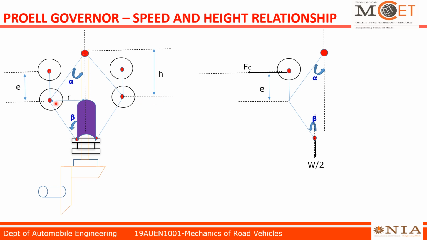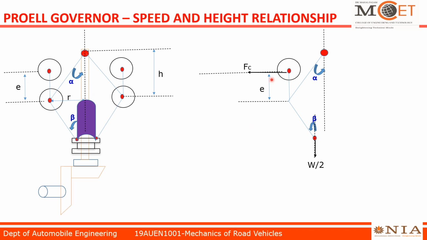Like if this ball is here, if the sleeve moves upwards, the ball will move like this. Actually, because of the increase of speed, the centrifugal force will increase so that the ball will move away from the spindle, so that the sleeve will move upward. This is the basic concept.